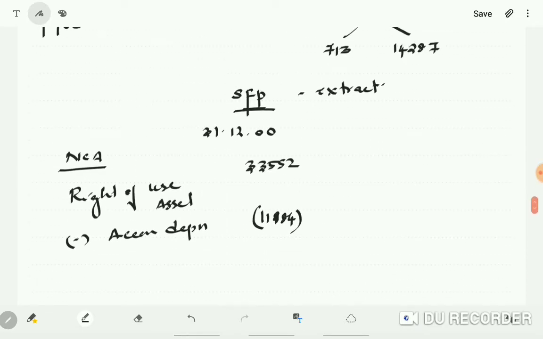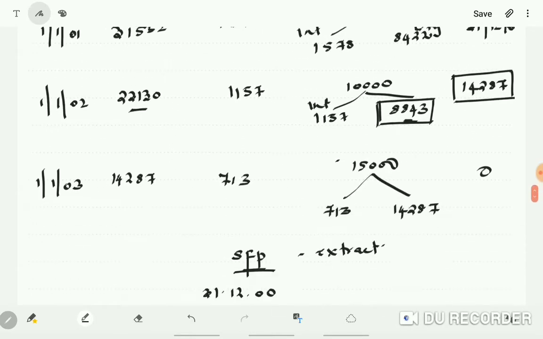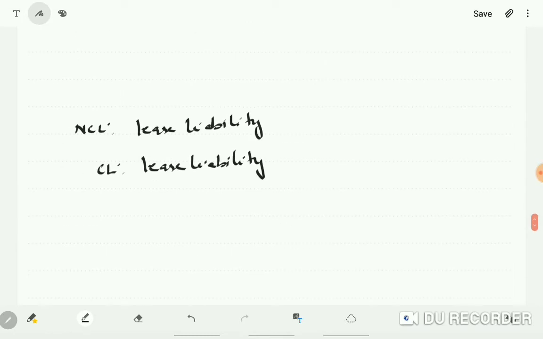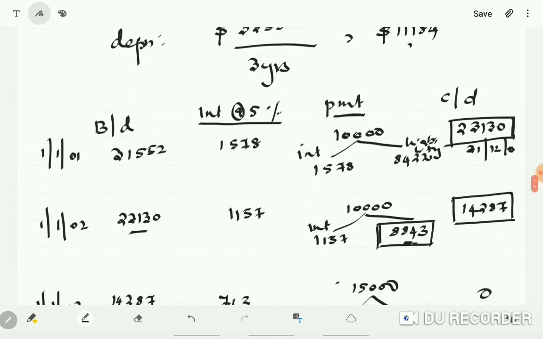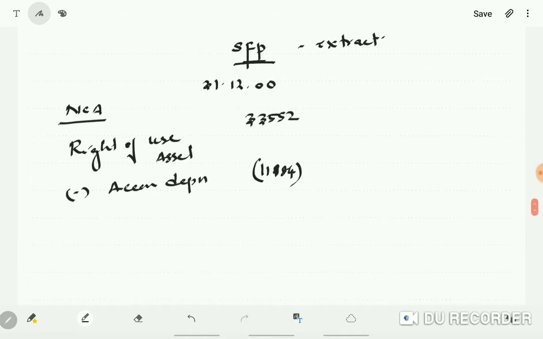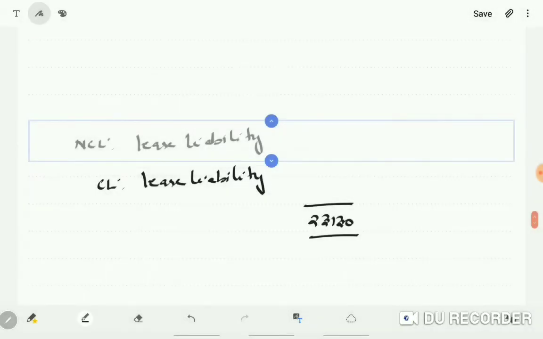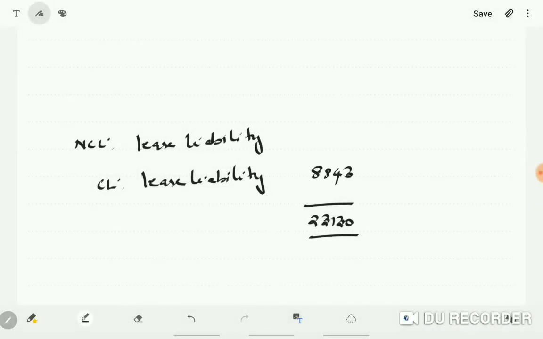The total amount is 23,130. Of this 23,130, 8,843 is current liability and the balance is non-current liability. Whatever is payable within 1 year is current, so this is 8,843, and 23,130 minus 8,843, that is 14,287, is non-current.